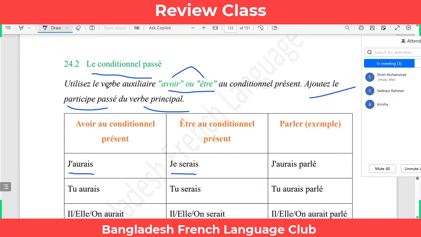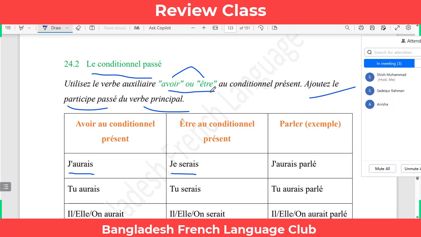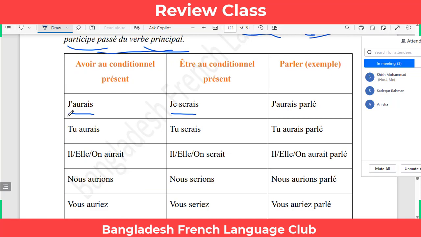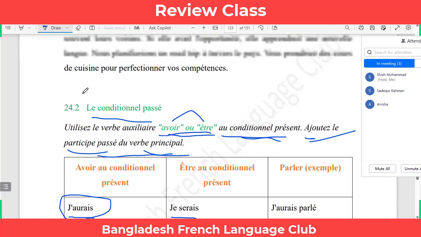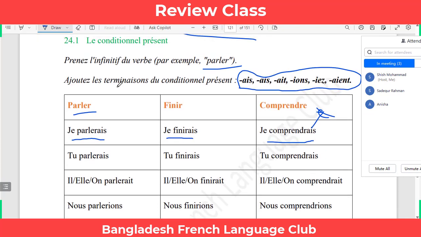Here you can see, avoir and être in conditionnel présent, and so this avoir and être conjugation will be in conditionnel présent and ajouter le participe passé du verbe principal. So here jouer. And here we don't need the avoir and être, but we need just the conjugation with the principal verb.